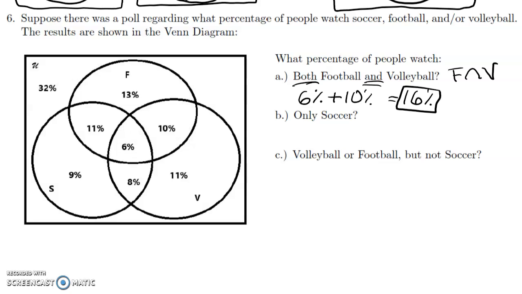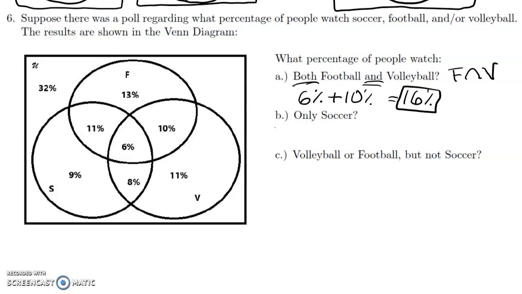Now cleaning up our diagram again so that we can look at our next question, we want to find the people who watch only soccer. That would imply that they watch soccer and not football and not volleyball.